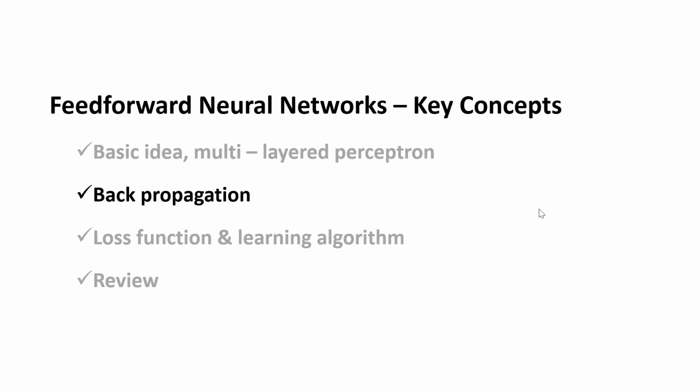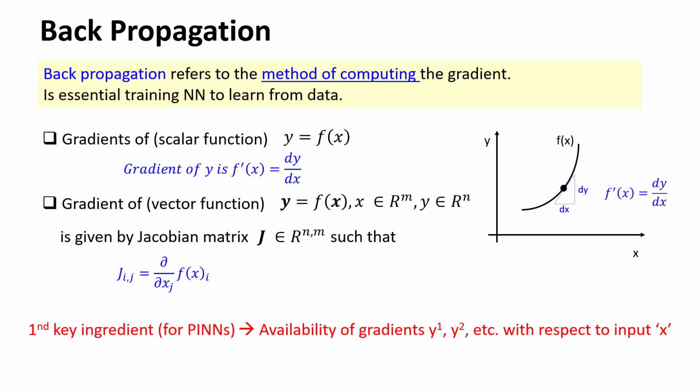So let's now look at what backpropagation is. Backpropagation refers to the method of computing the gradient. It is essential to training the neural network to learn from the data. Now, gradients: if you look at a scalar function, y is equal to f of x, the gradient is given by f dash of x, which is dy by dx.